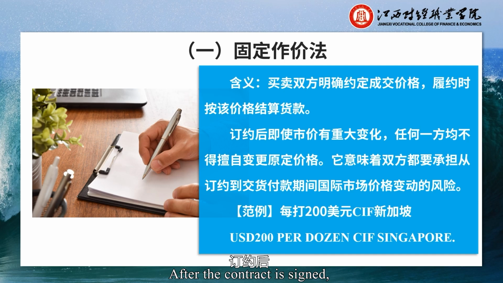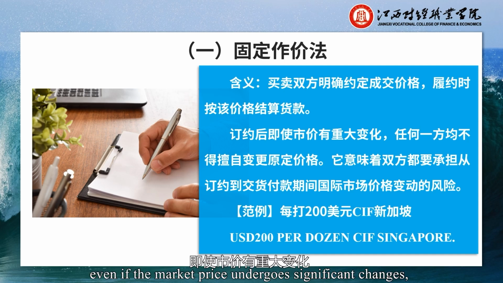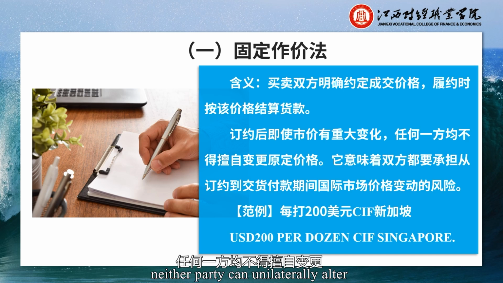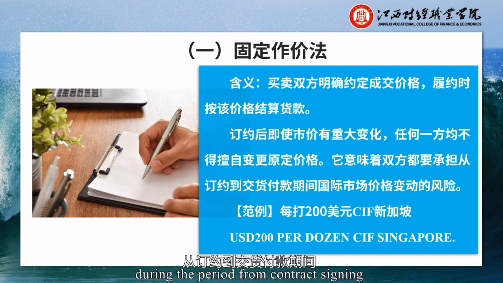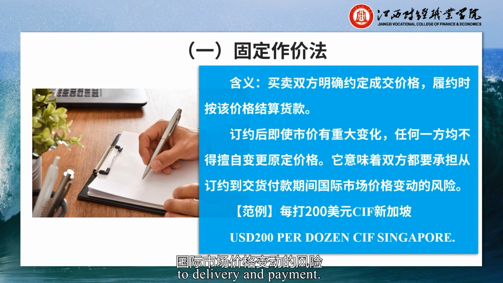After the contract is signed, even if the market price undergoes significant changes, neither party can unilaterally alter the originally agreed price. This means that both parties must bear the risk of international market price fluctuations during the period from contract signing to delivery and payment.